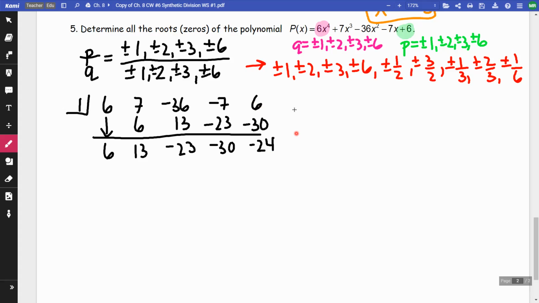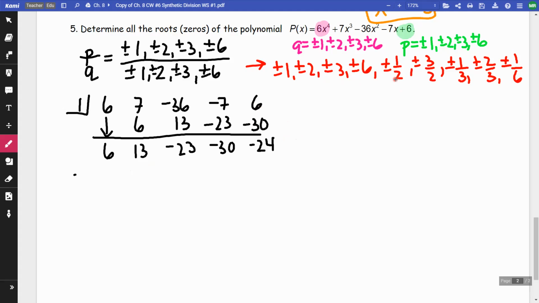There is a solution between 0 and 1. Maybe it's this 1/2 or this 1/3 or this 2/3 or this 1/6. Or maybe it's not. So at this point, what I could do is keep trying these and see what happens. But I do think that maybe it's going to be one of these fractions. But let me just keep going and see what happens.